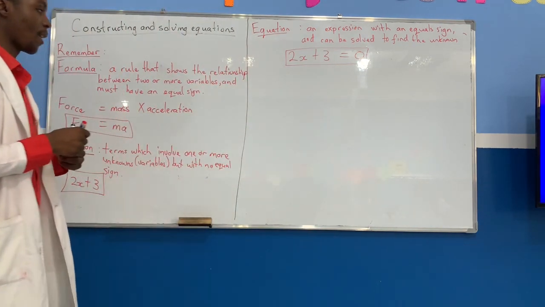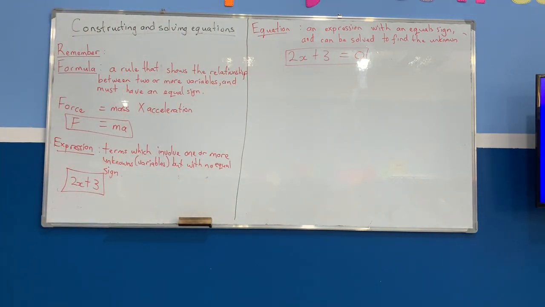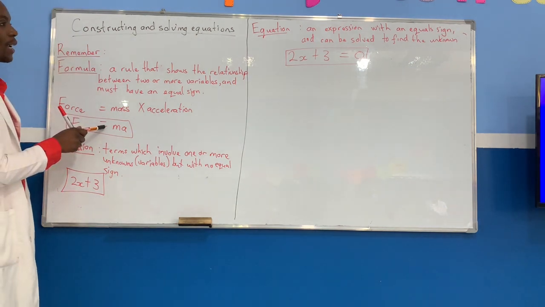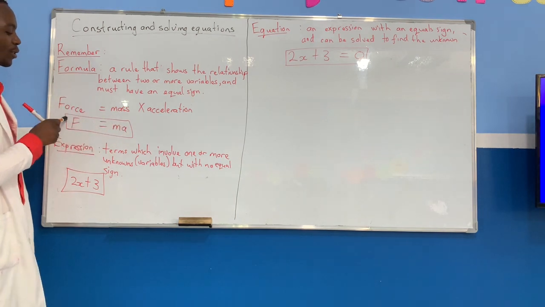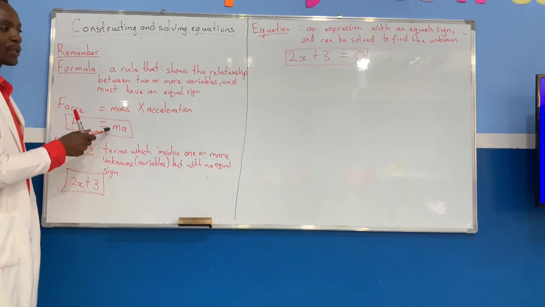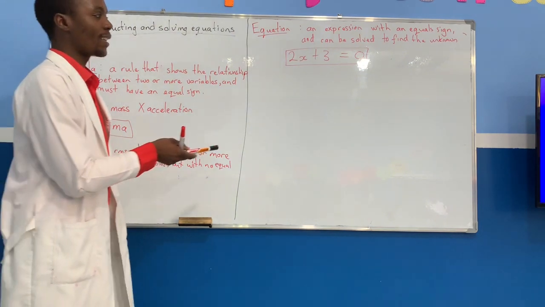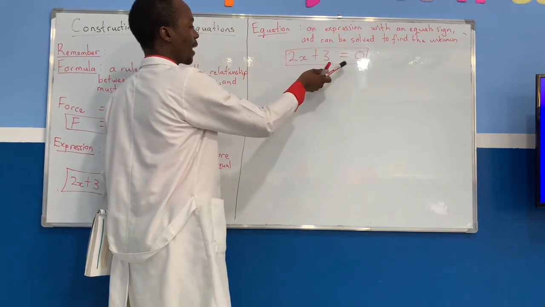So to solve this is very simple. It's a very simple equation, 2x plus 3. So you notice that even if the formula has an equal sign and two or more unknowns, these unknowns do not have values, they have assigned values.